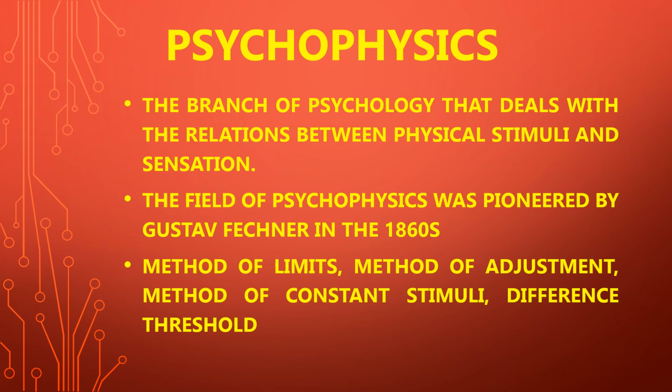The method of constant stimuli differs from the method of limit and the method of adjustment in that it presents the stimuli in random order. In method of limit, in ascending order or descending order, the stimulus is given and we will find the threshold. In method of adjustment, the researcher himself will adjust the stimulus and find the threshold. And in case of the constant stimuli, the stimulus will be provided in a random order.